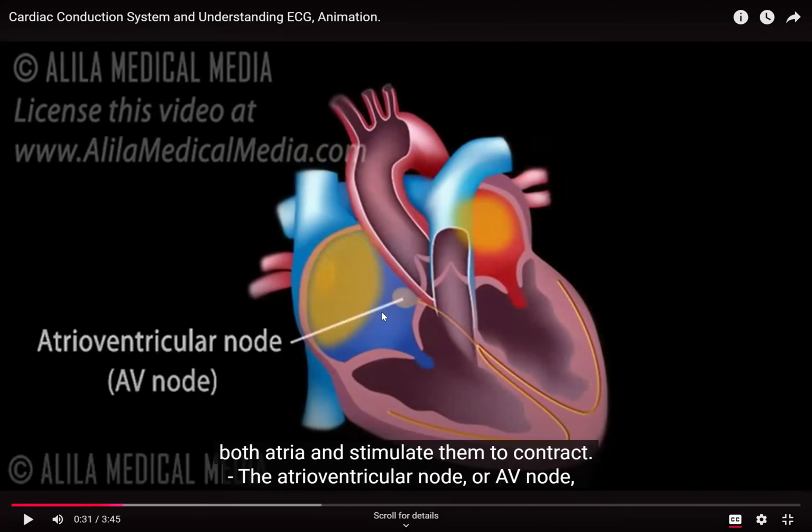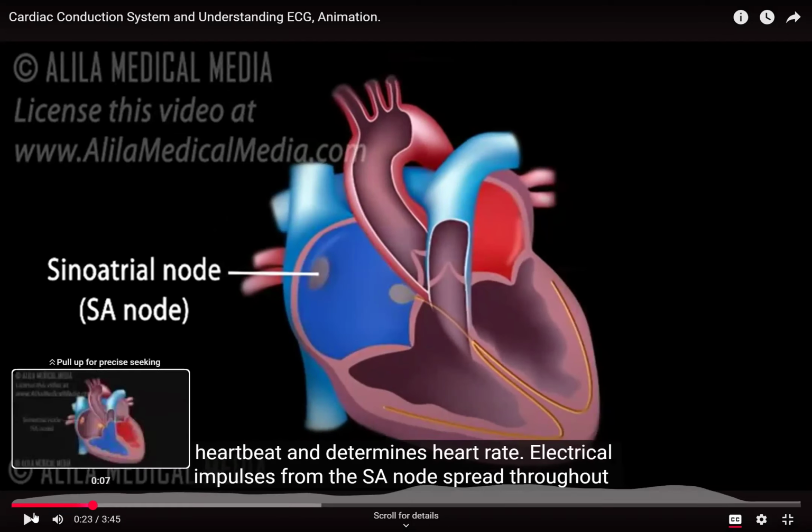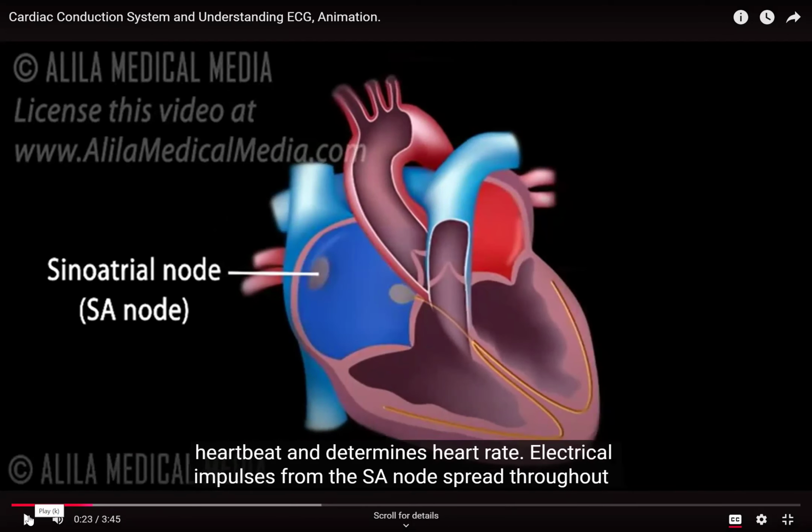Okay, so as you saw in that animation, the SA node fired. Let me back up a little bit. So watch as the SA node fires an electrical impulse and watch where the electrical impulse moves.